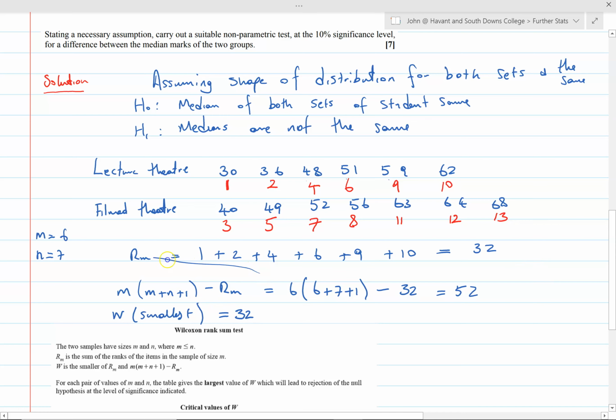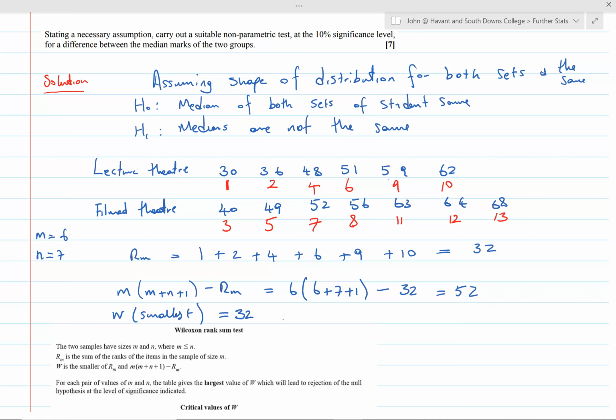Now, yeah, it seems a bit strange, this. It just actually helps us. It can be proved, but basically if we were to rank them in the opposite order, so in other words, this one was 1 and so on, then this number here would be what our Rm would be if we went the other way. It's just quicker to do it this way. It's just a little bit of pure maths there to prove that.